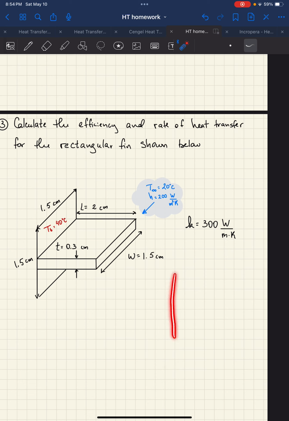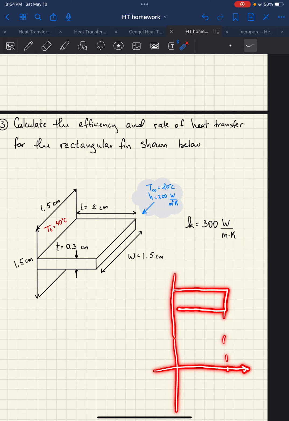Let me draw that one more time with the laser pointer. Here's the fin, and you're plotting the temperature with respect to the distance. Temperature right here is the temperature of the base of the fin, whatever that is.